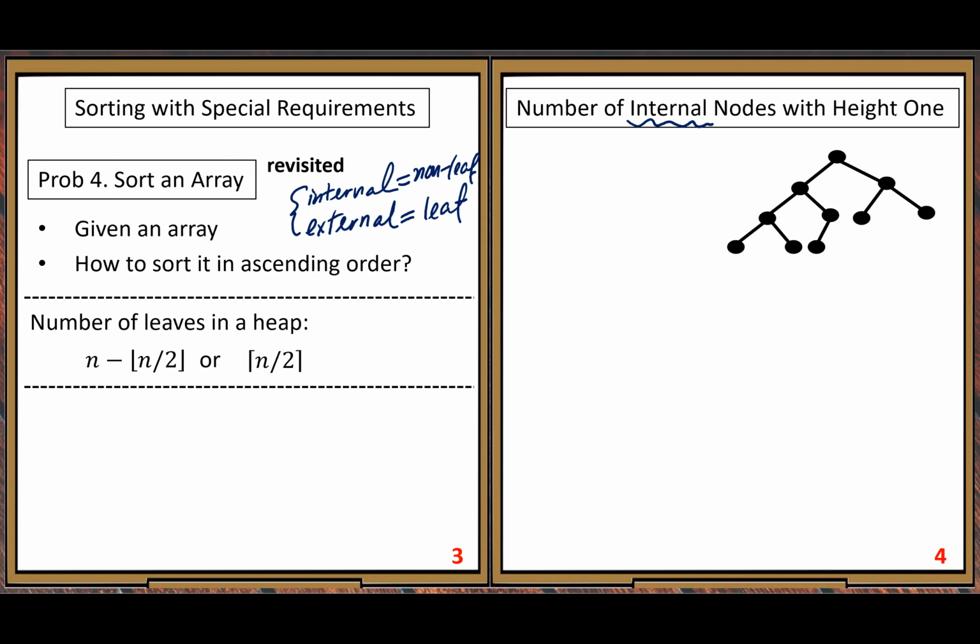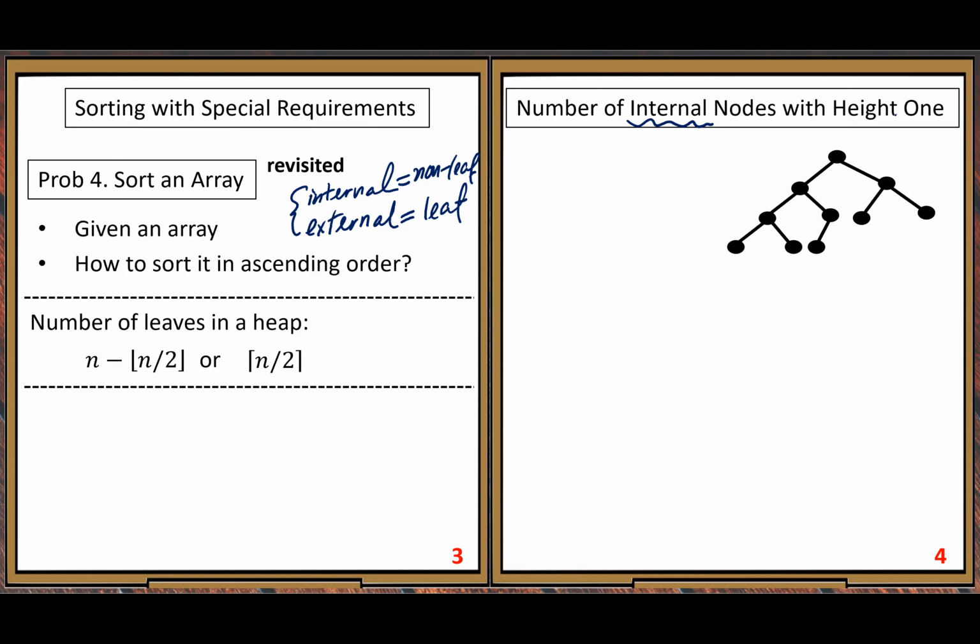Let's look at a binary tree, a heap. This one is a near complete binary tree, so we can imagine it is the binary tree for a heap. Can you tell me what the nodes with height 1 are? At the beginning I explained the meaning of height, the definition of the concept.